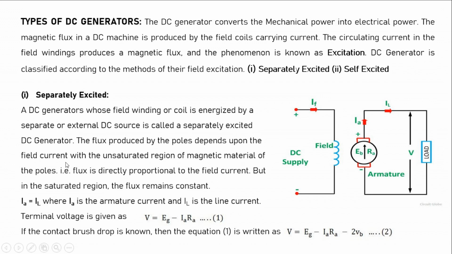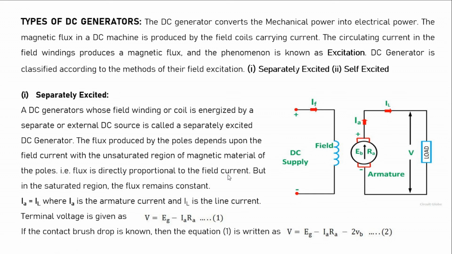The flux produced by the poles depends upon the field current within the unsaturated region of the magnetic material of the poles. That is, flux is directly proportional to the field current. Since the field windings are responsible for the production of flux, this flux is directly proportional to the field current IF.